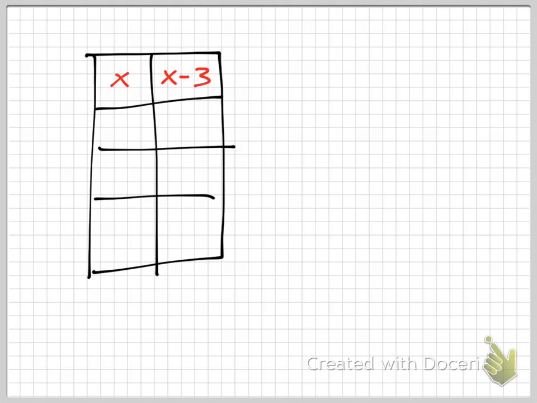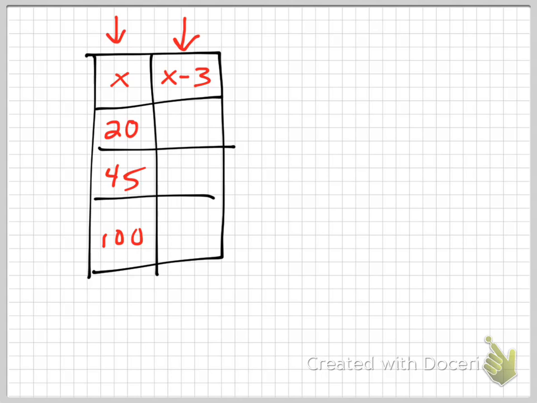If I have this, in this column, if I have x, and x is 20 here, what is going on in this column?